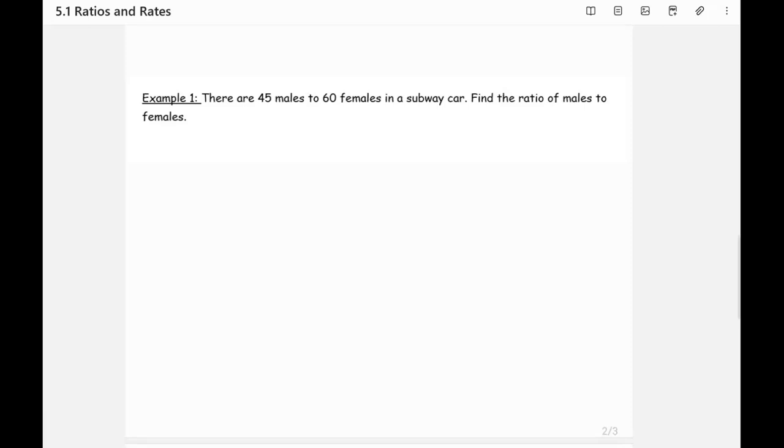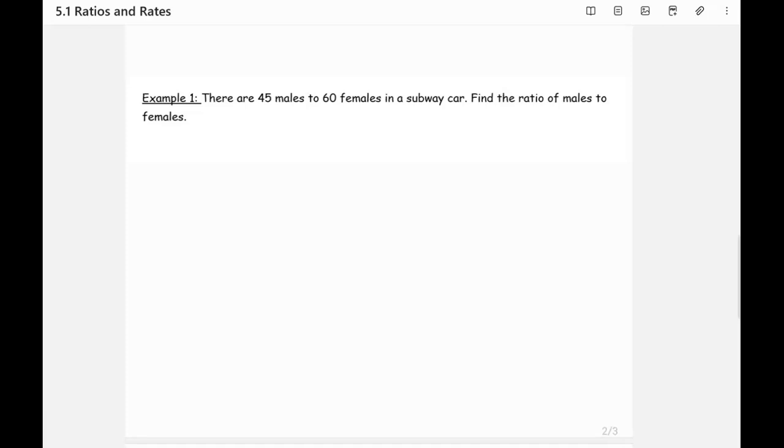Now let's look at example 1, where it says there are 45 males to 60 females in a subway car. Find the ratio of males to females. So this can be written as the different ways that we just have shown you.